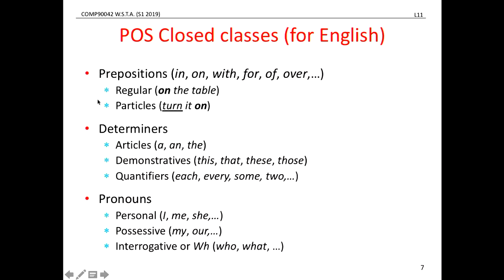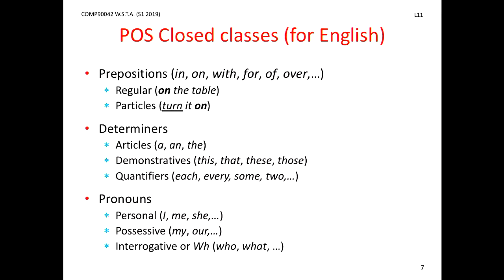Now, there are regular prepositions. So on the table, he put it on the table. On is operating in a fairly regular way. But we often have things that we call particles. So turn it on. On here has no meaning. It's part of the verb, really. Turn on is effectively a verb, but it's written as 2 separate words, and you can chuck stuff in the middle.